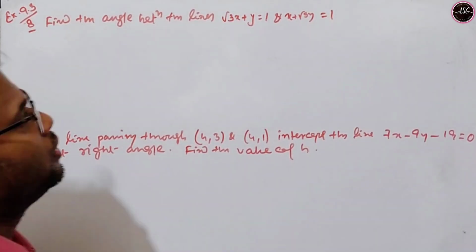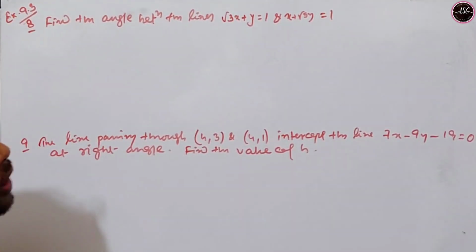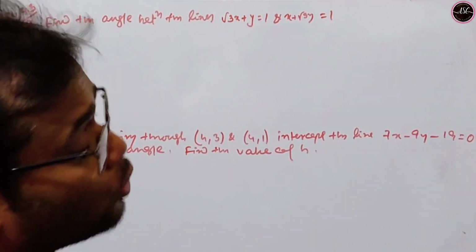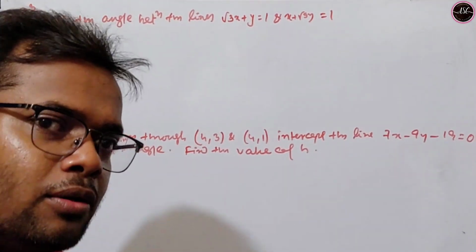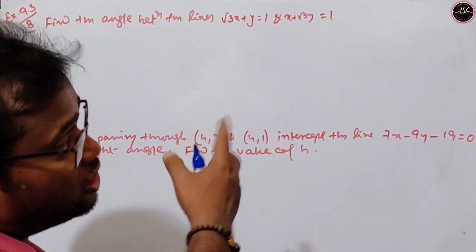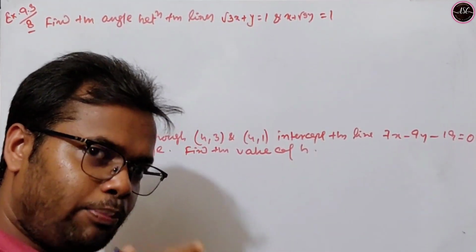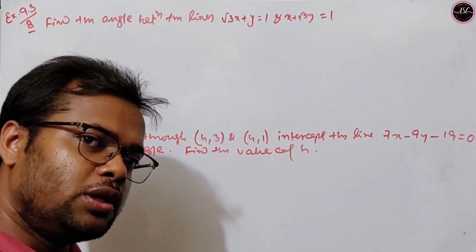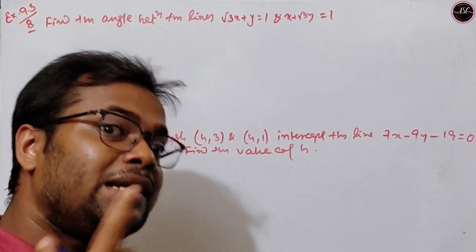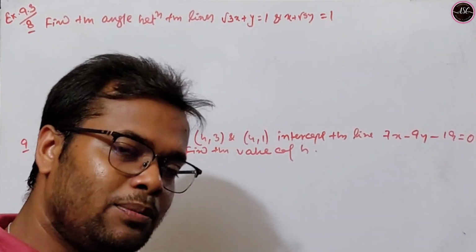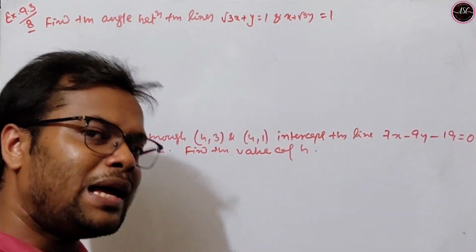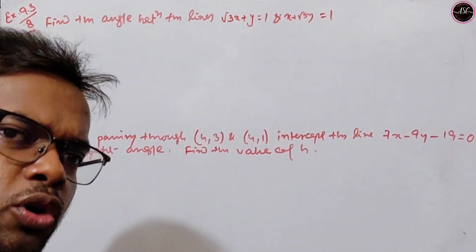Find the angle between the lines root 3 x plus y equal to 1 and x plus root 3 y equal to 1. So here we first find the slope of these two lines. We know if two lines intersect and produce an angle theta, then tan theta equal to mod of m1 minus m2 divided by 1 plus m1 into m2.